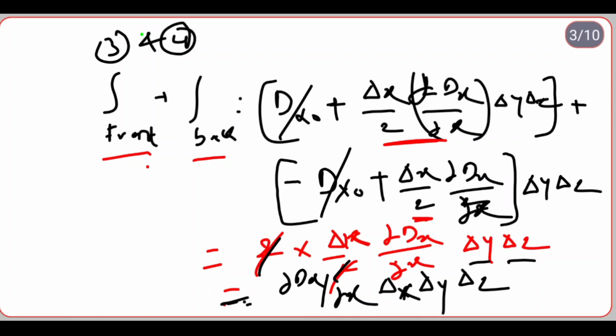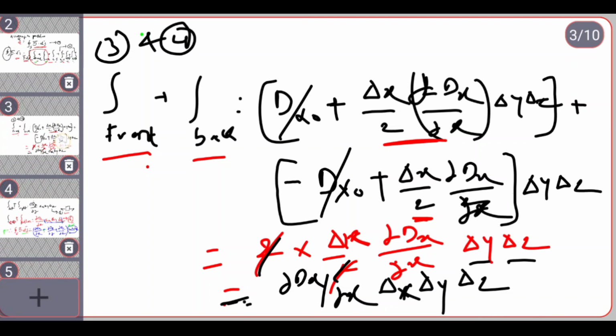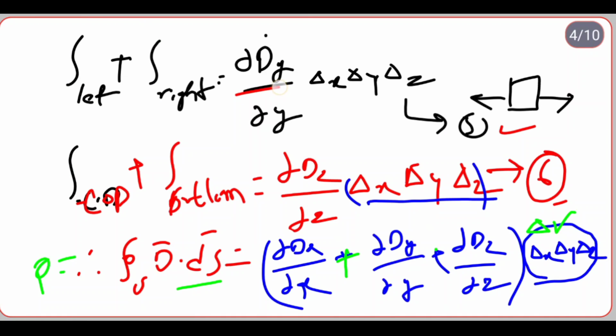Finally we obtain dou Dx by dou x, delta x, delta y, delta z after substituting all this. Similarly we go for left and right side, which come under the y-axis direction. If you apply the Gauss law, you can obtain dou Dy by dou y, delta x, delta y, delta z. If you do not understand this, we will go through it again.